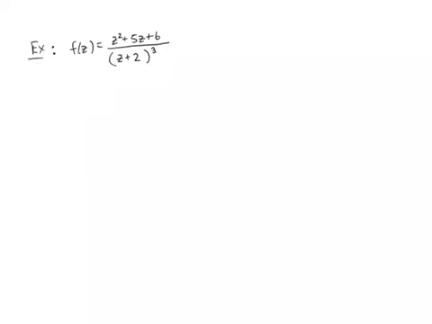There's a kind of obvious singularity here at z equals negative 2. So let's look at the singularity at z naught equals negative 2. What kind is it?